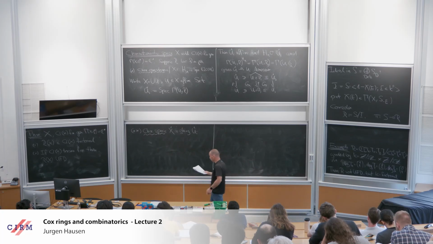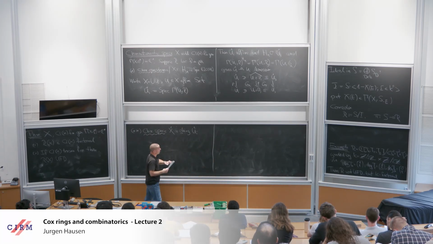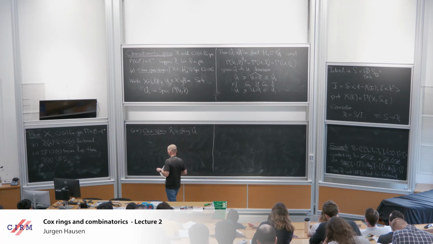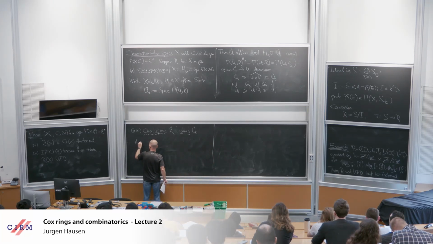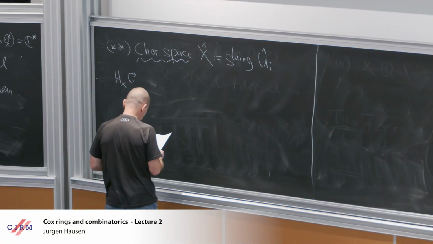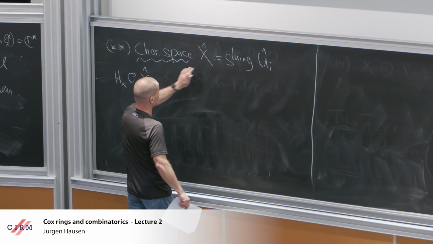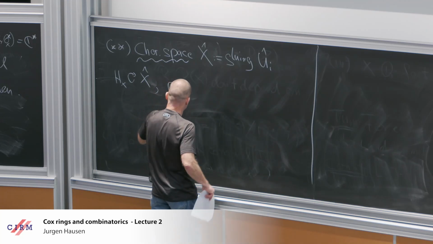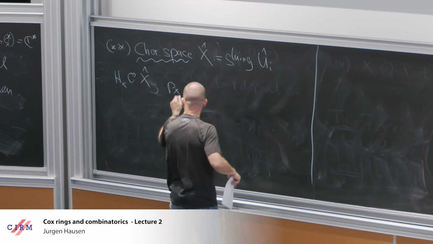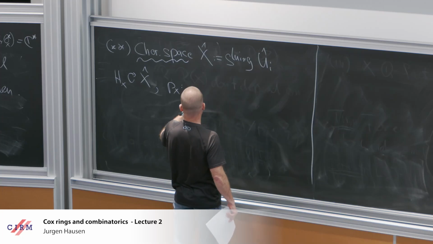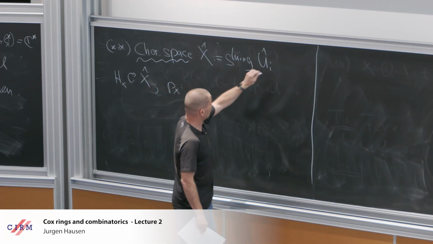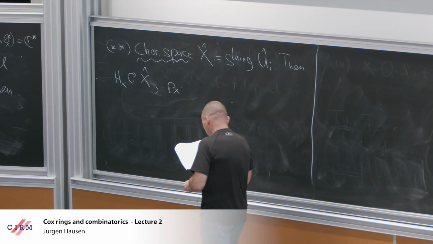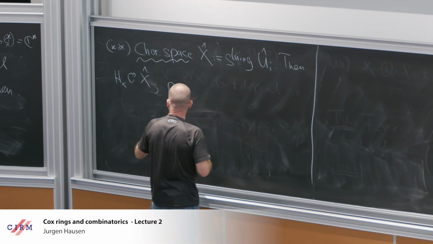And that means at the end, everything was compatible with the grading. At the end, we get something where this H_X acts, namely on this characteristic space. And we have this map.